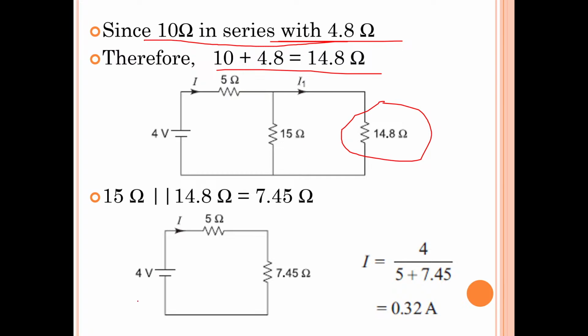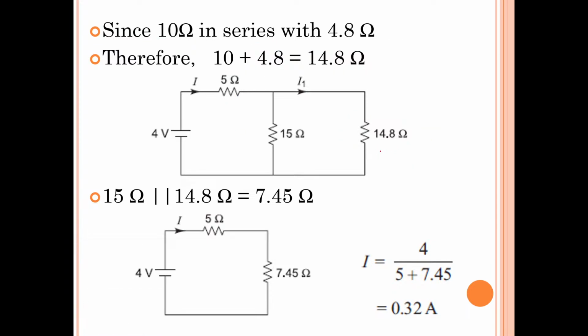Now this is it. 14.8 ohms is the resistance value here. Now observe, I current flows through 5 ohms, and here it is dividing into two parts. That means 15 ohms and 14.8 ohms, how are they connected?